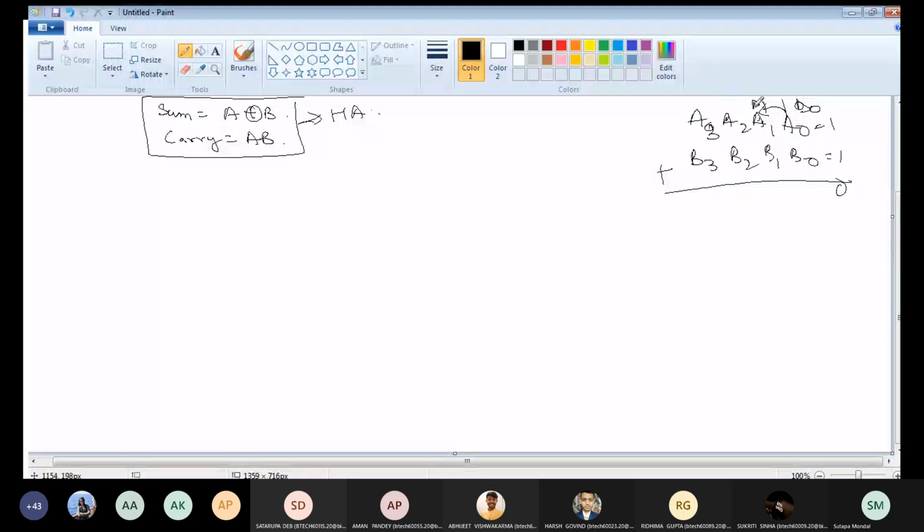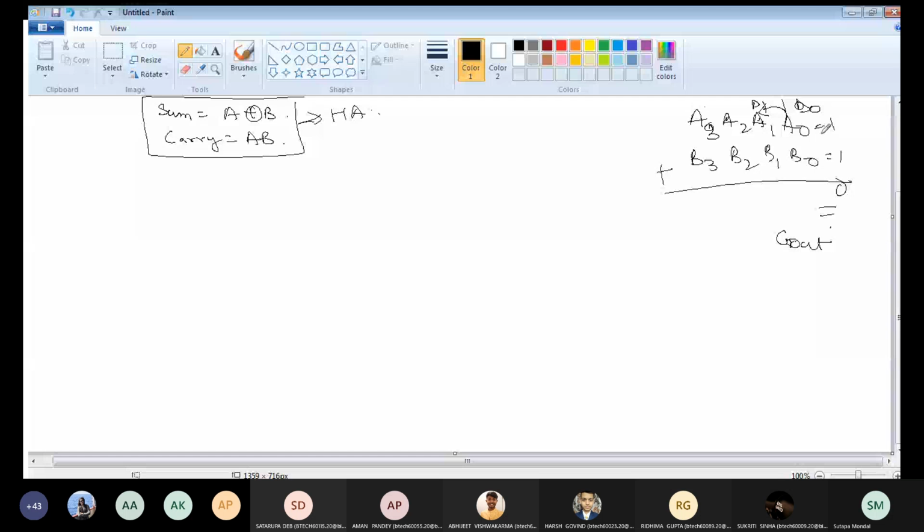Okay, but in this, two things are important: carry propagation and carry generation. When we are adding, you are getting the sum that will propagate the carry. And who will generate the carry? The carry generator itself, that is C out, will become the generation of the carry, and the transmission part is your carry propagation.